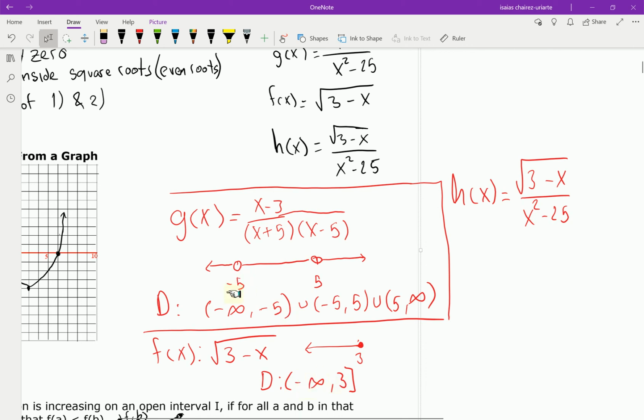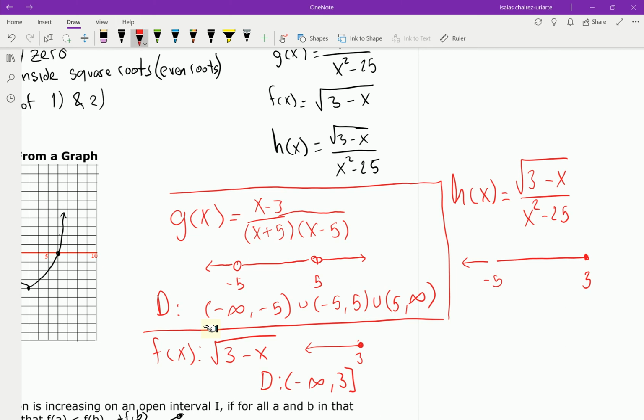So let's look at the little number line picture here. Somewhere in here is negative 5. And I should get rid of negative 5, because that would make my denominator 0.